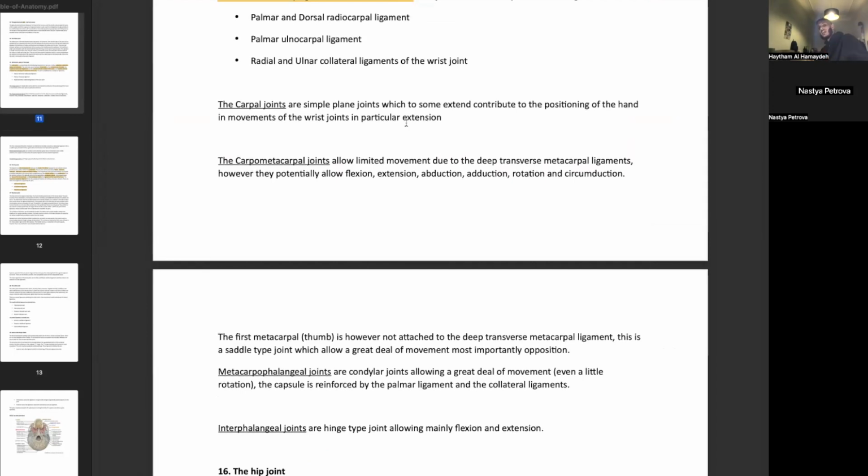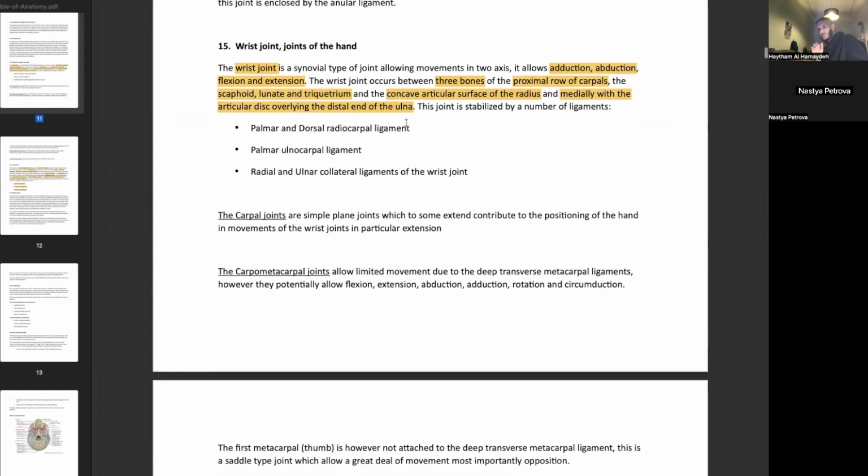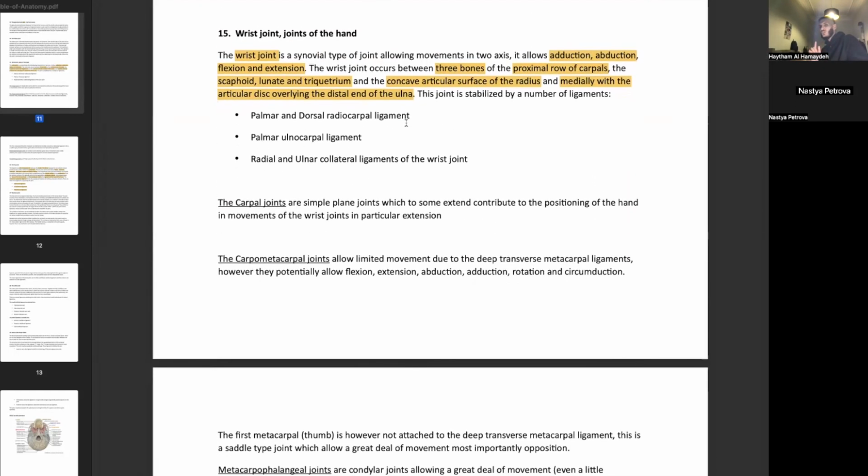There is a second point for this specifically, point number 15 of your oral, joints of the hand. So what does this mean? They want you to know the joints between individual carpal bones, joints between the proximal and distal rows, joints between the distal row and the metacarpals, and joints between the metacarpals and the phalanges.